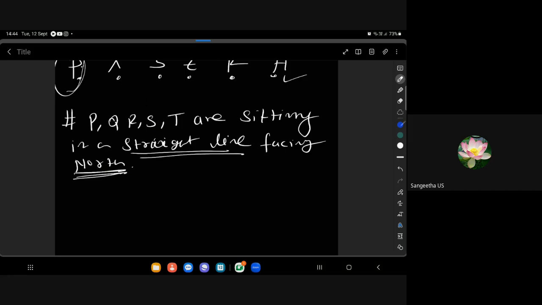Okay, three pieces of information I've got from this line: P, Q, R, S, T, five people are sitting in a row or straight line facing towards the north.